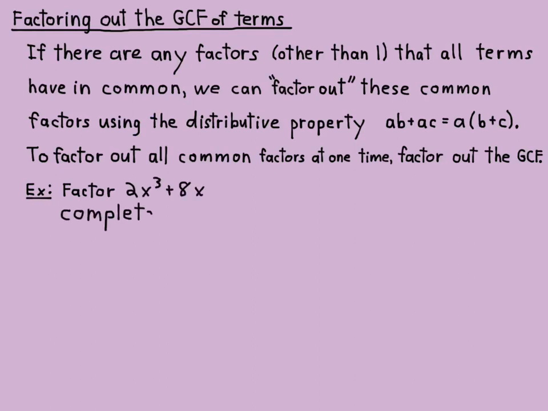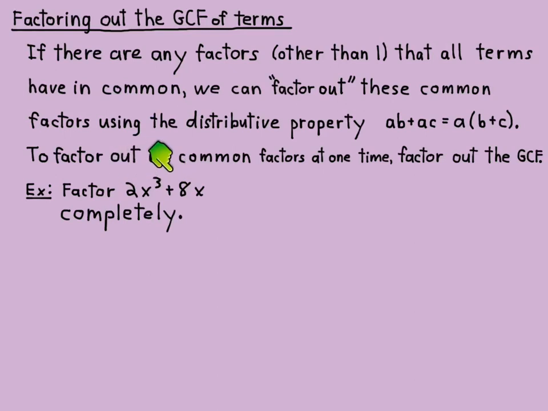So I'm going to factor this completely, and it says factor completely. That means that for this type of problem, you're factoring out the greatest common factor, not just any old factor. Both terms have a factor of 2. This is 2 times 1, and this is 2 times 4.